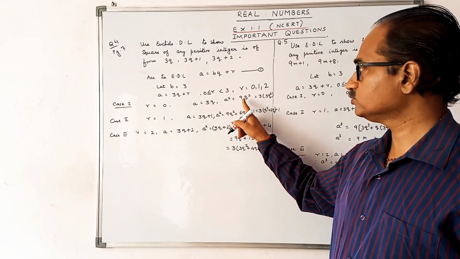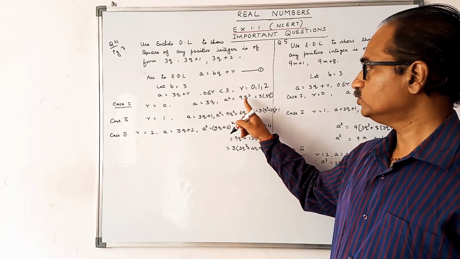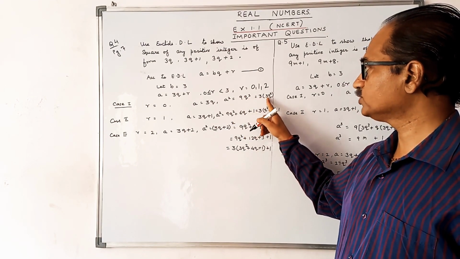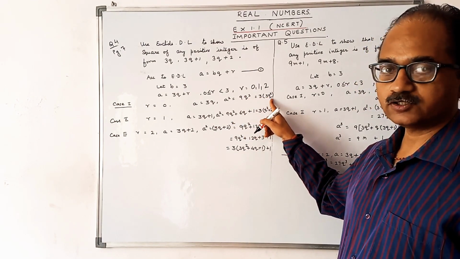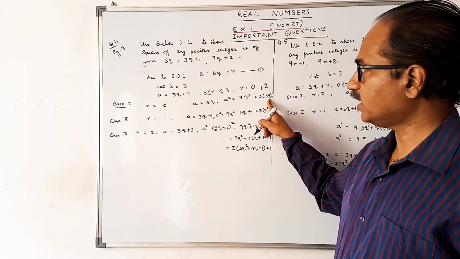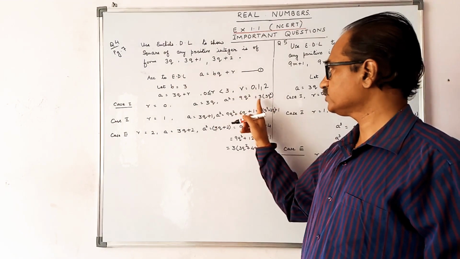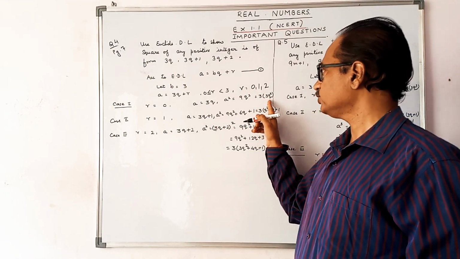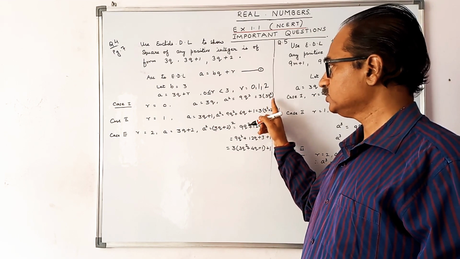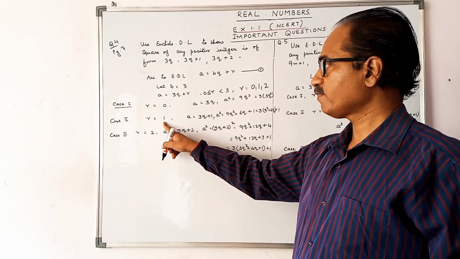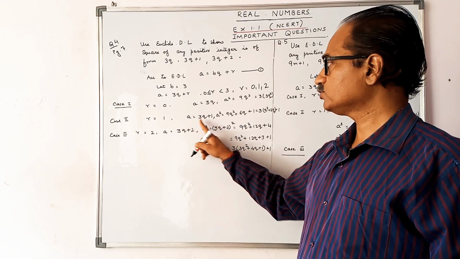a square is equal to 9q square, which can be written as 3 into 3q square, which is of the form 3q, a multiple of 3. Similarly, r is equal to 1. Case 2, a is equal to 3q plus 1.